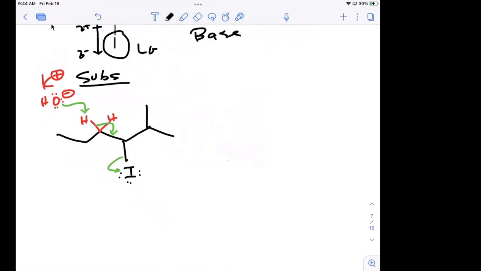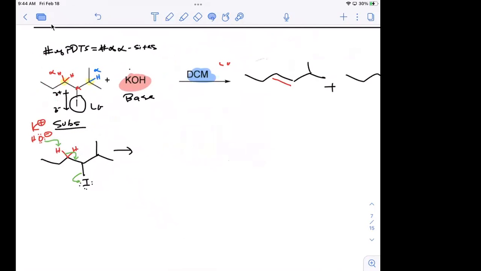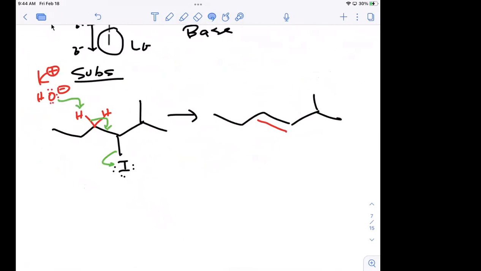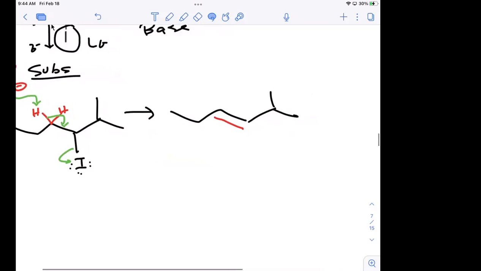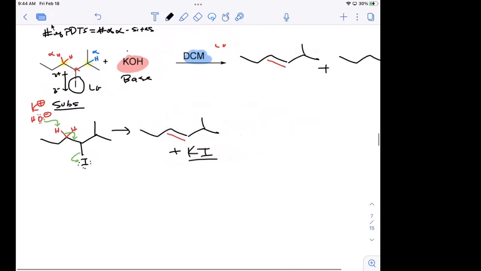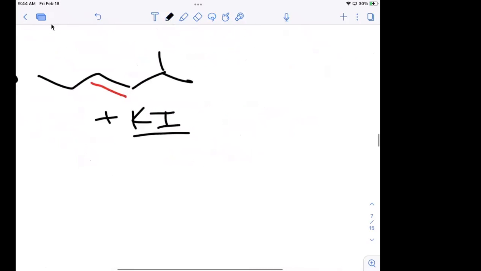So when that happens, I get this as a product. I'm just going to steal it from up here. Is that the right location for the double bond? Yes. And then I get as side products KI, because the potassium is just going to form a salt with iodine, because iodine leaves, let me show you, as a negatively charged ion with 4 lone pairs.